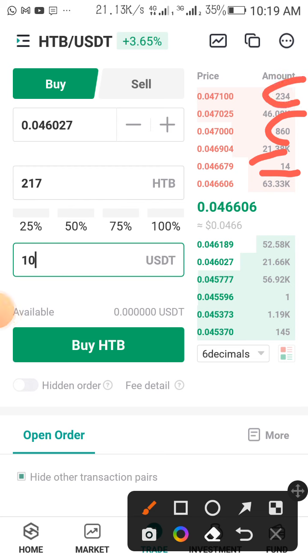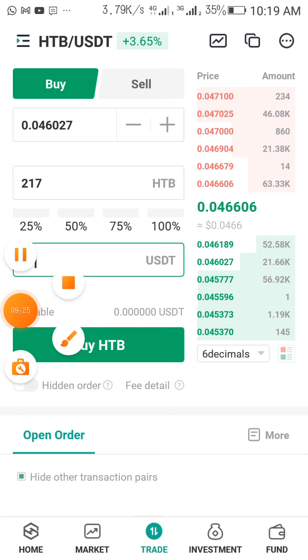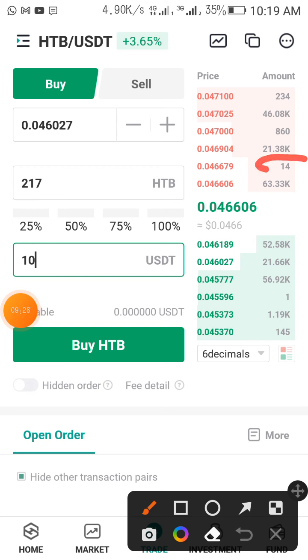So each and every one of them has up to $10 worth. Okay, this guy doesn't have up to $10 worth. His own is just 14 HTB. So it's not up to $10 worth, because this is the equivalent in HTB of 10 USDT.